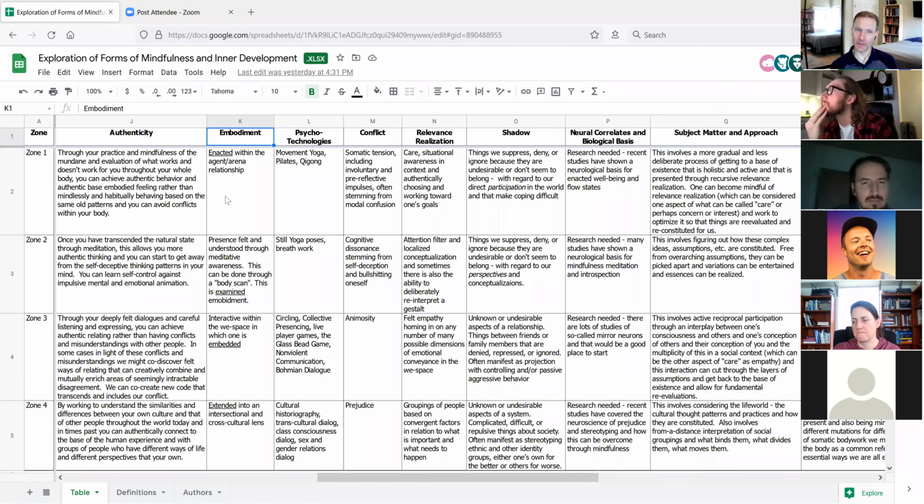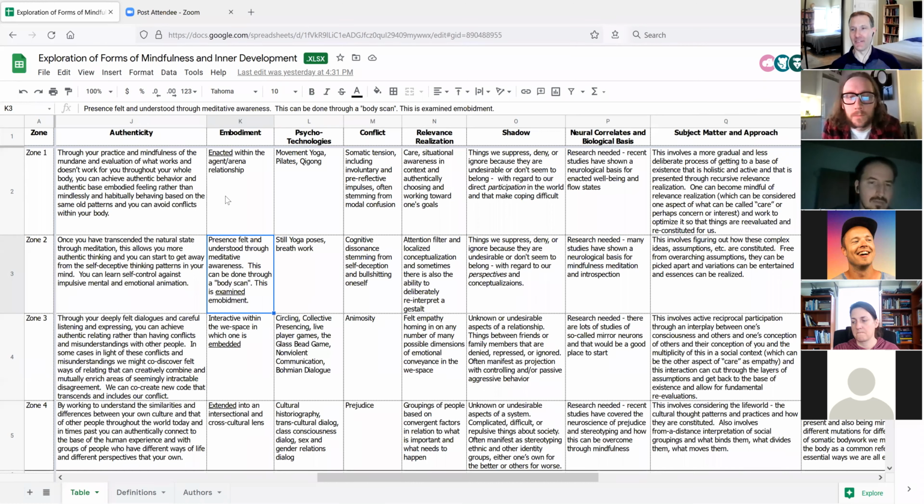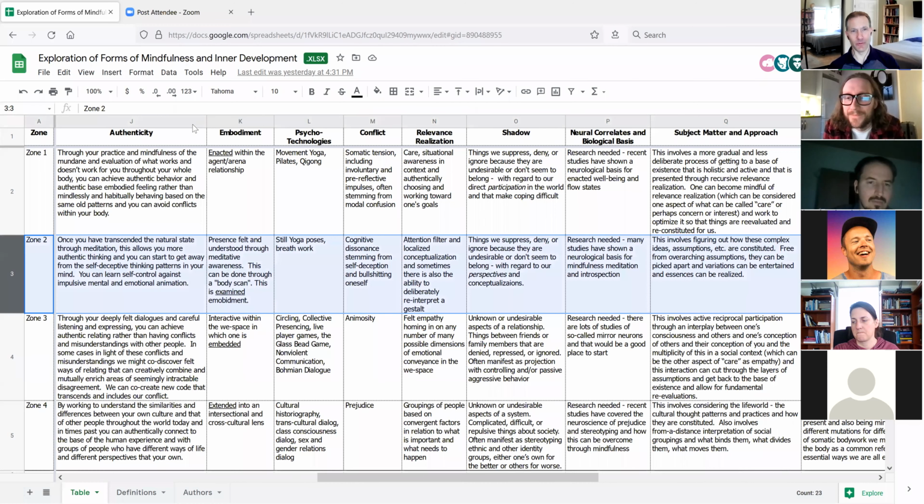I was figuring, though, that depending on how you define embodiment, you could almost see enactment, being embedded, or extended as types of embodiment. So I was thinking, okay, if I was going to do that, I need a 5th E for zone 2, for the more meditative processes, which then I said maybe that would be examined.